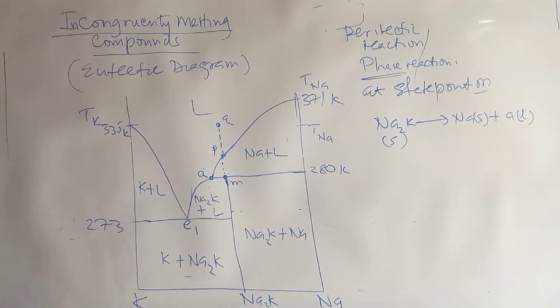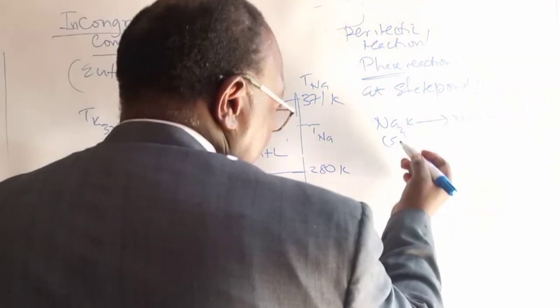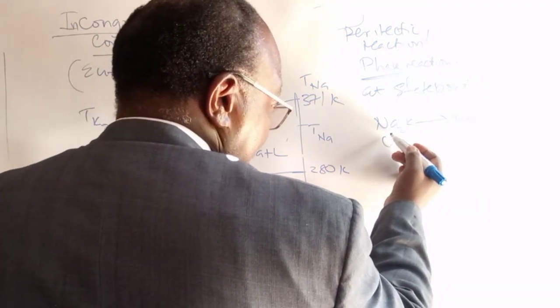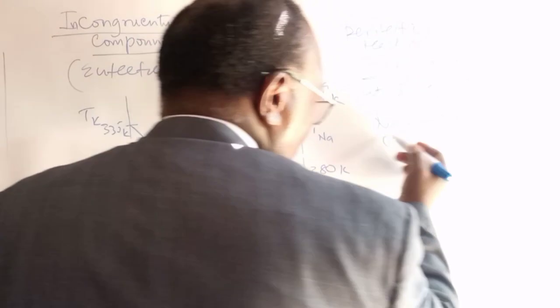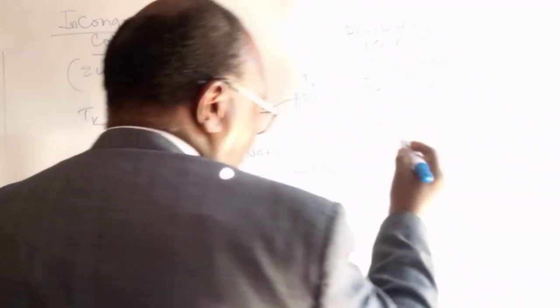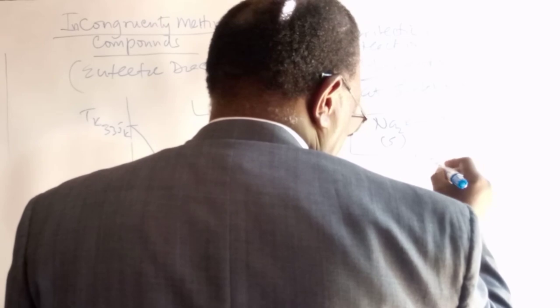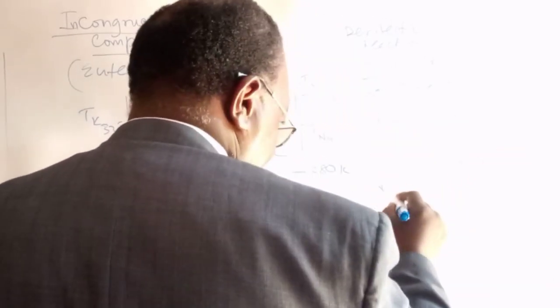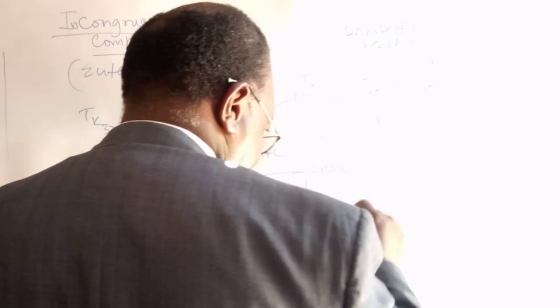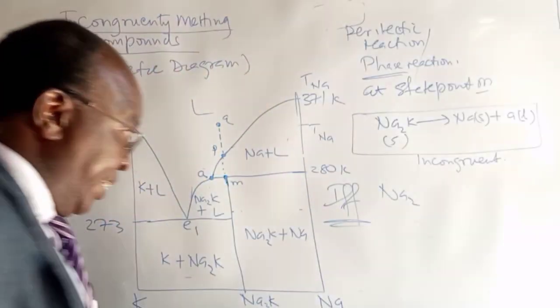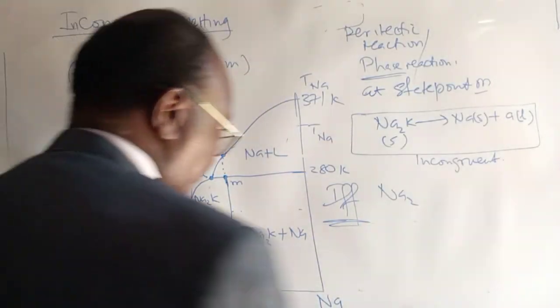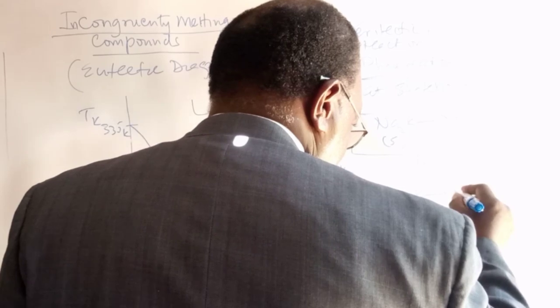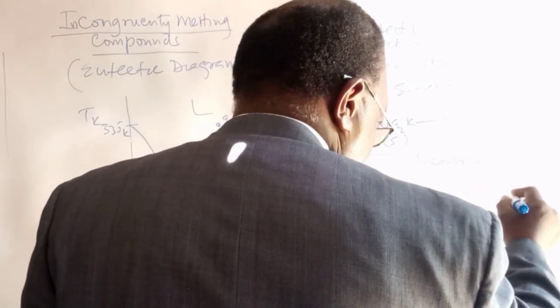Now, you notice once again here that the breakdown in terms of dissociation is not symmetrical. This is incongruent. If it was congruent, that is if and only if it was congruent, then we would have expected something like 2 sodium plus K. But that does not happen.